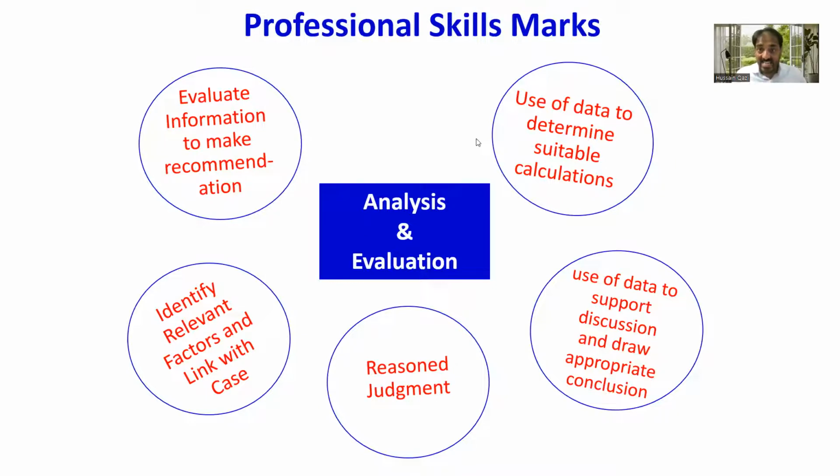What I was saying is that there are 2 points to consider for analysis and evaluation. Number 1, use of data to support discussion and draw appropriate conclusions. And the other, identify the relevant factors and link with the case.